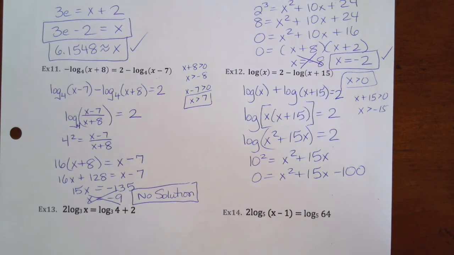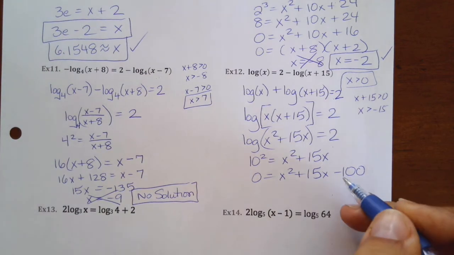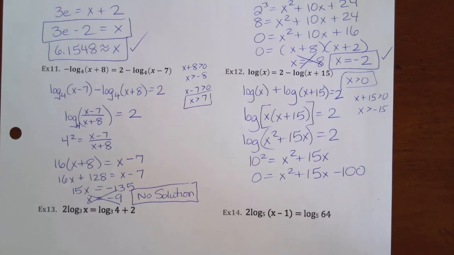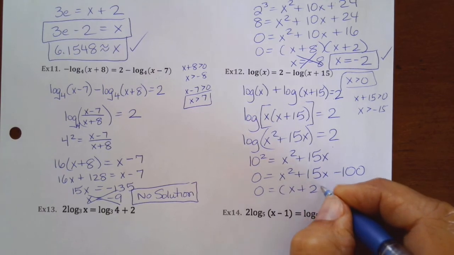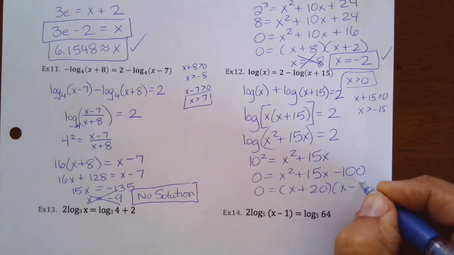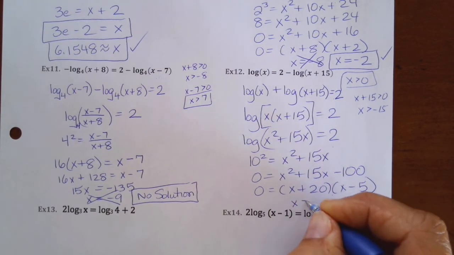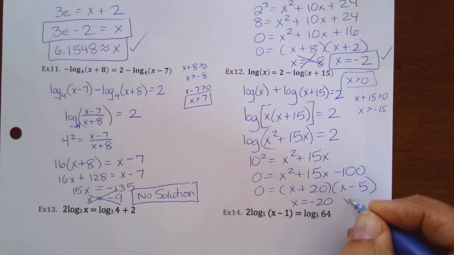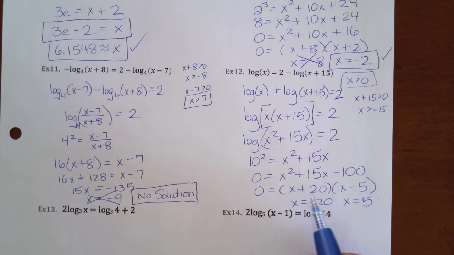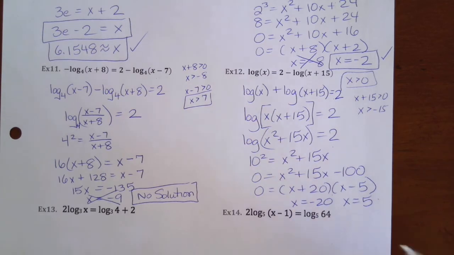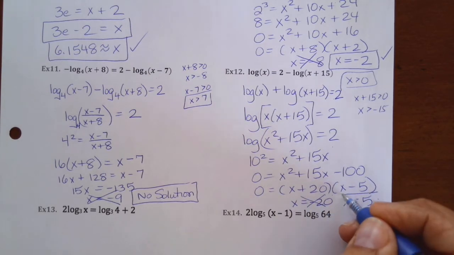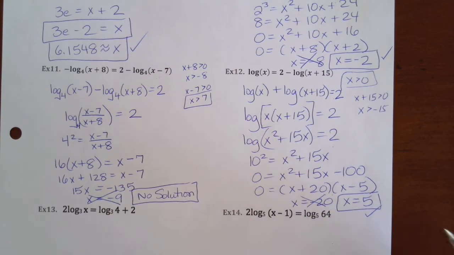Minus 100. And I need factors of 100 to give me 15, so I'm going to use 20 and 5. So x plus 20, x minus 5. So my two possible answers would be negative 20 and a positive 5. All right, set those equal to 0. I have to have numbers greater than 0, so negative 20 won't work. 5 is my only answer.